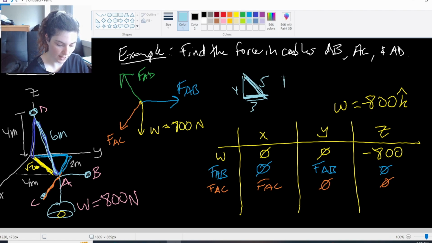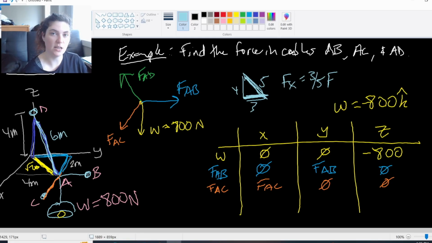So maybe if you were doing F of X, it was 3/5 of F. This is the same concept that we can apply here, where my overall length is that 6 meters, so I would put that on the bottom, right, over 6.